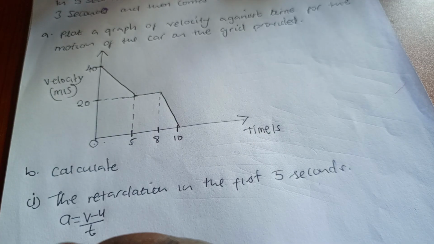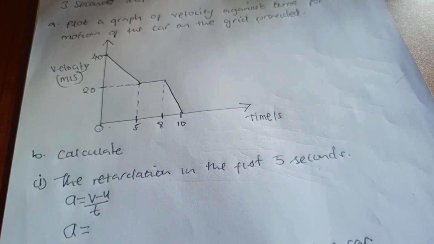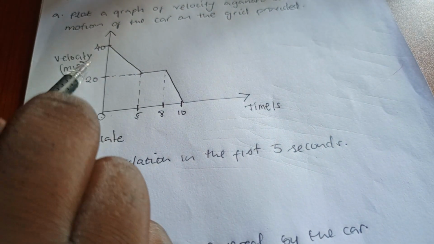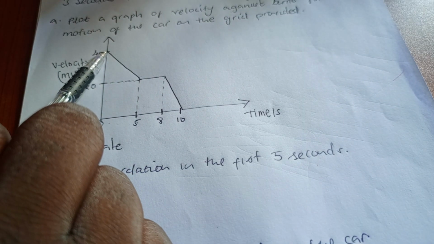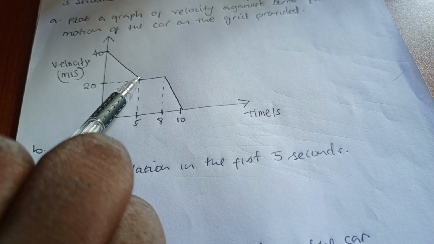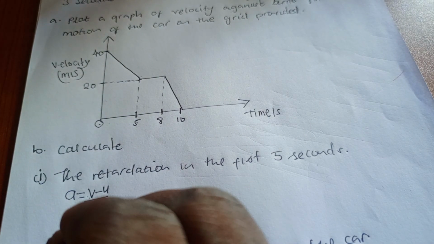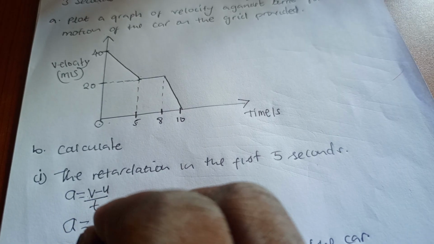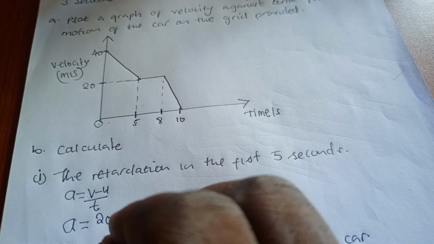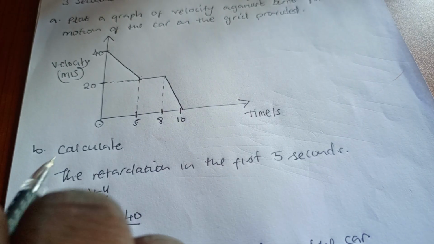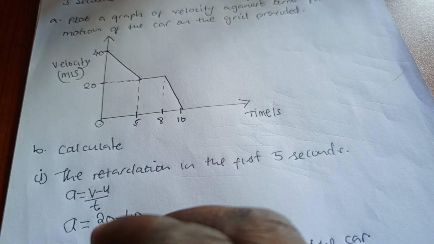As you can see, the starting point was 40, which means 40 was the initial velocity. Then it moved from 40 to 20, so our final velocity was 20. So acceleration is equal to 20 minus 40 over the time taken, which is 5 seconds.